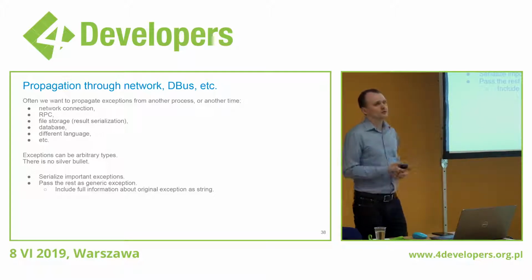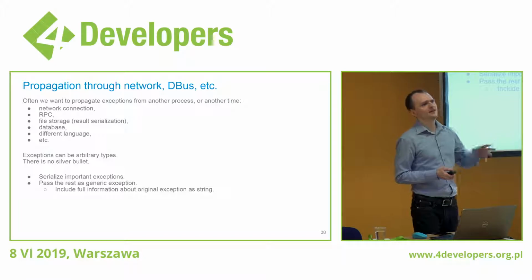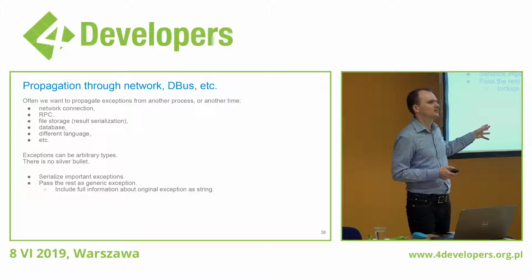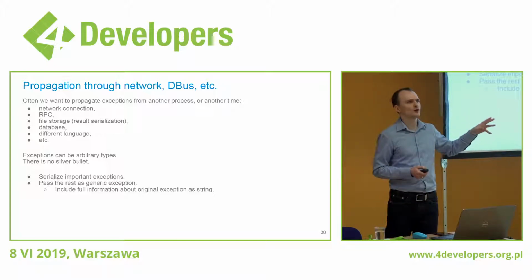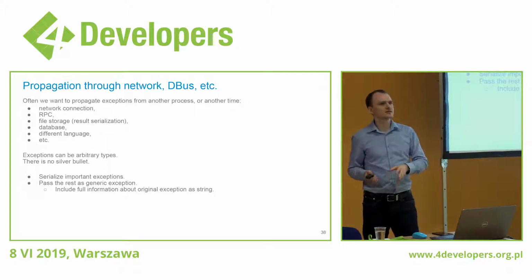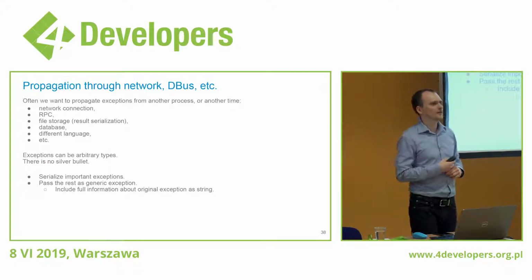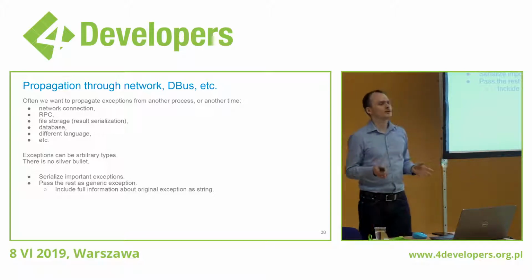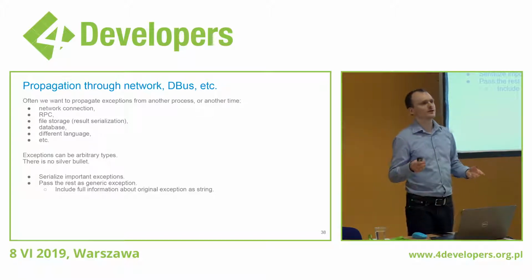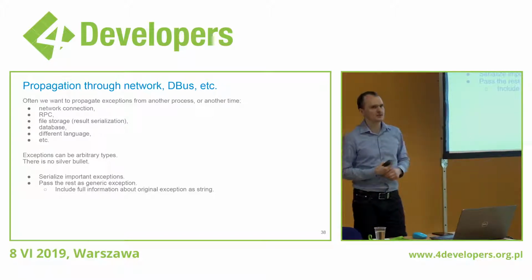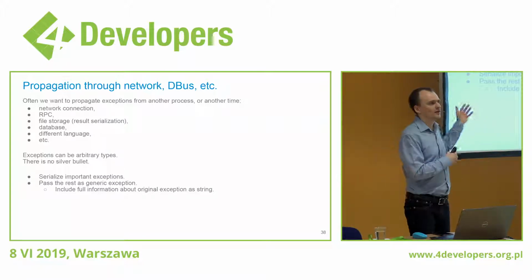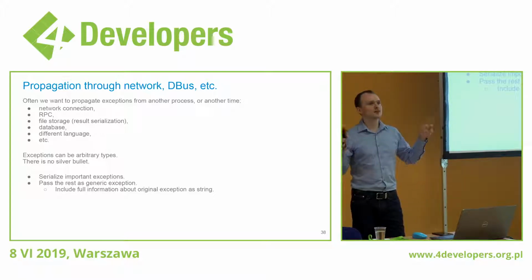However, what you can do is to identify those exceptions that you actually want to catch on the other side and write serialization code for those few exceptions. And everything else, you just propagate as a generic exception. Make sure that when you propagate it as a generic exception, you also include all the data you have put into this exception in the first place. It can be as simple as just stringifying the data and sending it through the network as a debug string.